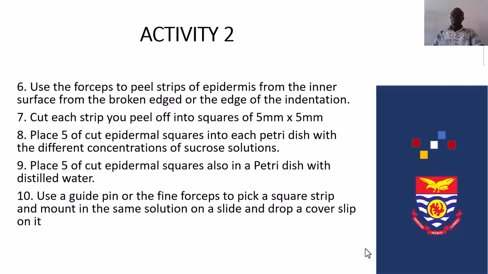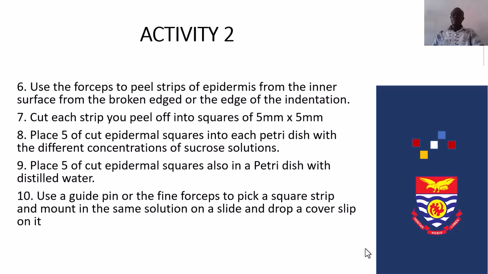Cut each strip you peel off into squares of 5 millimeters by 5 millimeters. Place 5 of the cut epidermal squares into each petri dish with the different concentrations of sucrose solutions. Place 5 of the cut epidermal squares also in a petri dish with distilled water.